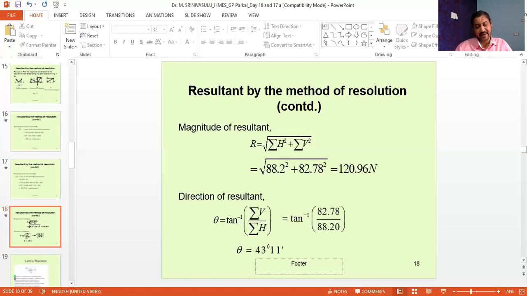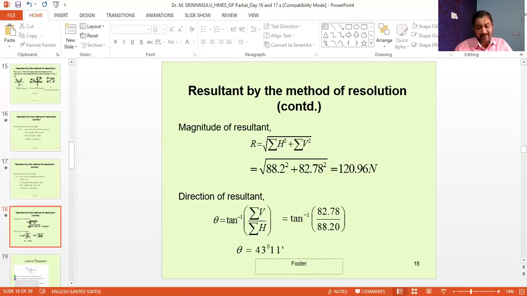Therefore, first we have to find only theta, by simply substituting the sigma v value and sigma h value without their signs. We will find the angle, so in this case theta is equal to 43 degrees 11 minutes.